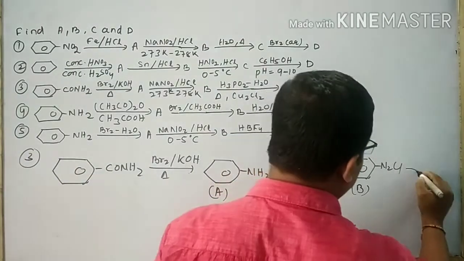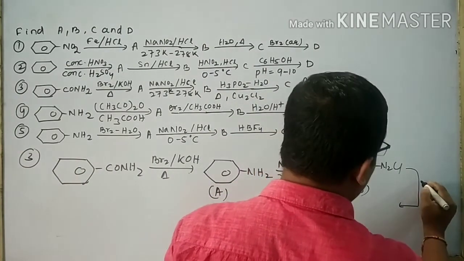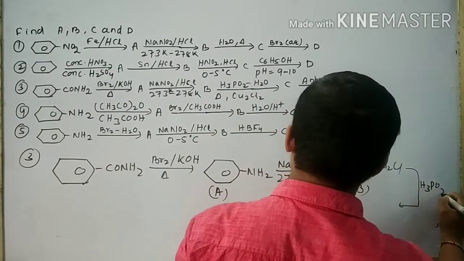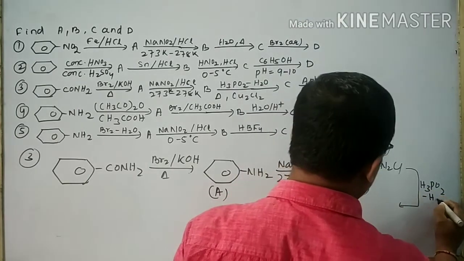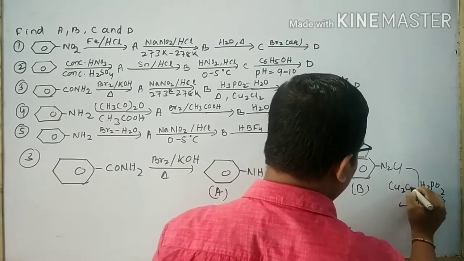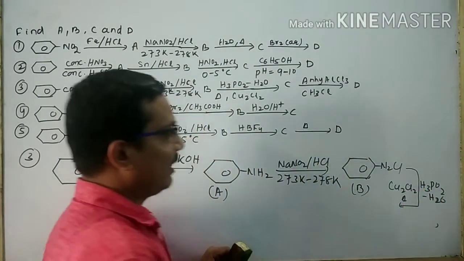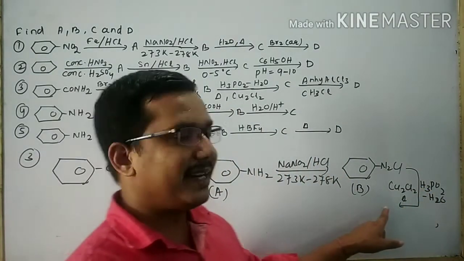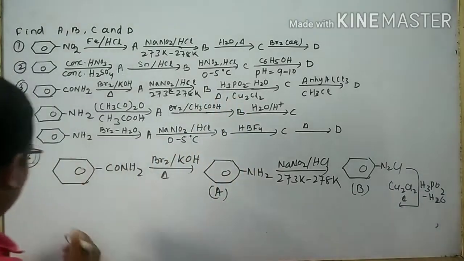Again BDC is subjected to reaction with H3PO2 and water in the presence of Cu2Cl2, and heat is given here. It is the method of preparation of benzene from BDC. Look at that.